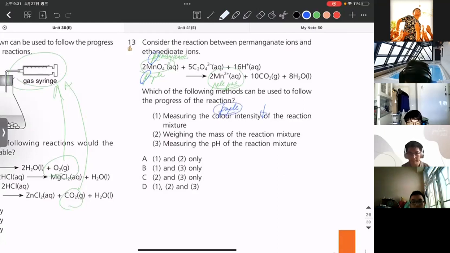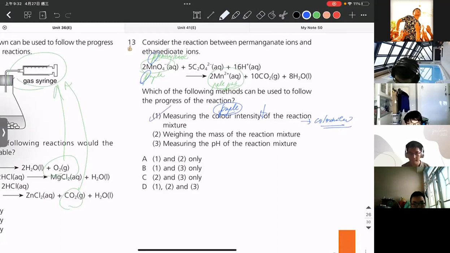The purple color drops in terms of intensity. So we will use colorimeter to measure the change in the color intensity of a solution. Yes, this 1 is okay.